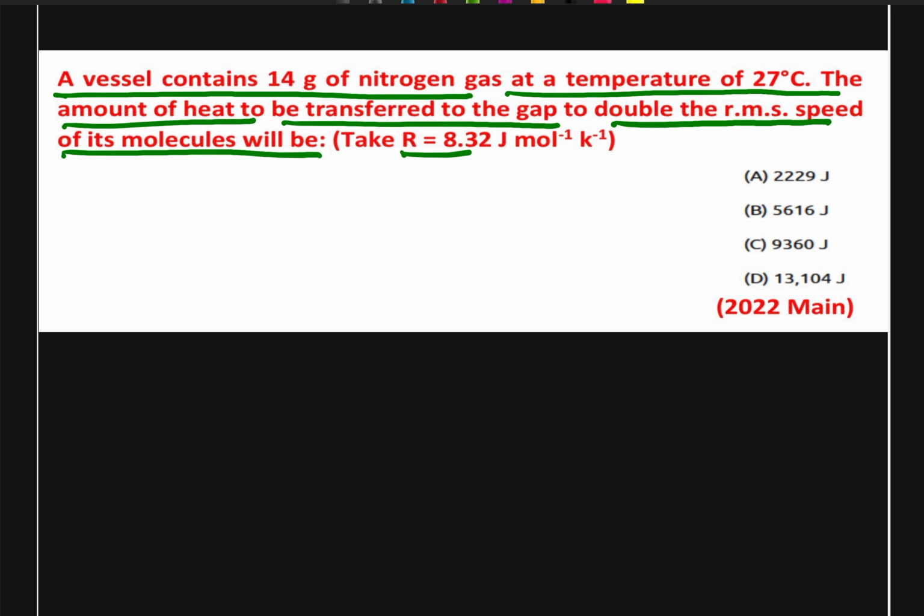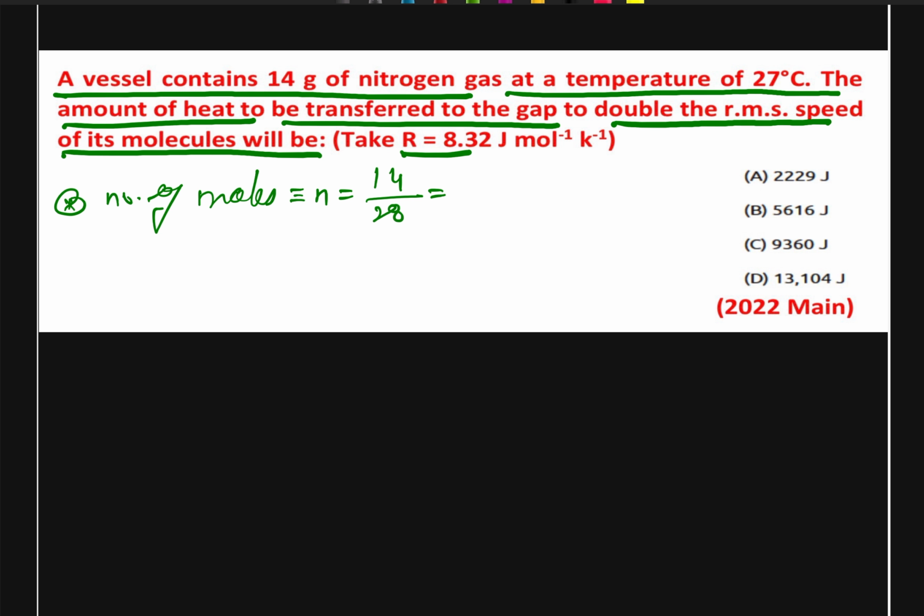And so we are given 14 gram of nitrogen gas. So first of all, let's find the number of moles of nitrogen gas. The number of moles n will be equal to the given mass over its molar mass, that is 28.